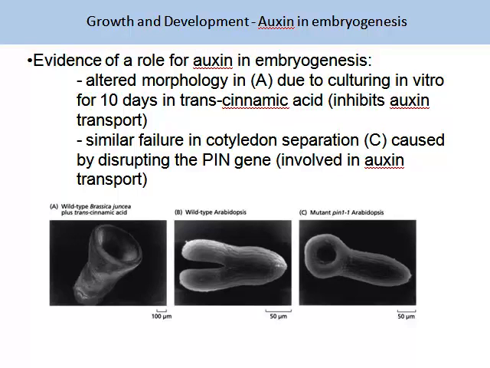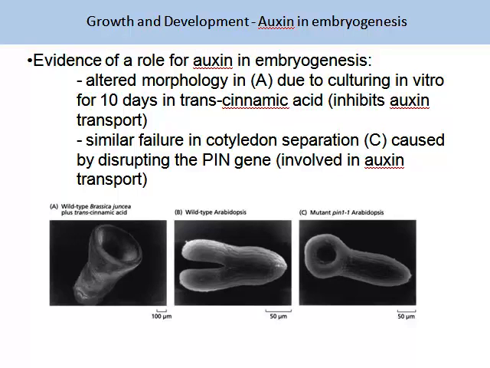The figure on your slide, 16.7 from the recommended text, illustrates the results of when you put various compounds that either inhibit or promote auxin transport, and how this in turn impacts on the developing embryo. In figure A, altered morphology was found when culturing in vitro for 10 days in a compound called TIBA, which inhibits auxin transport.